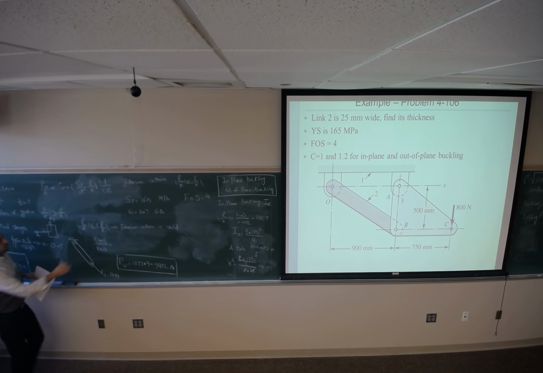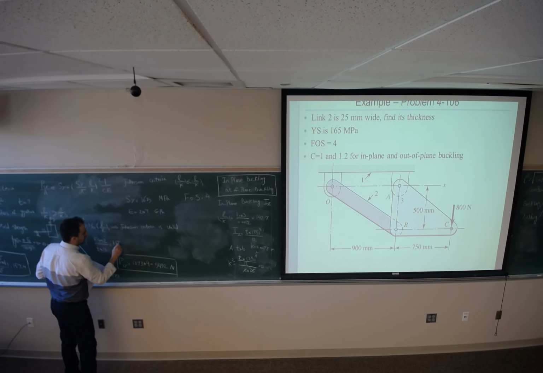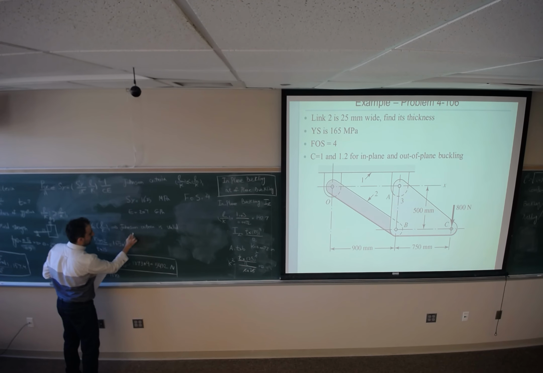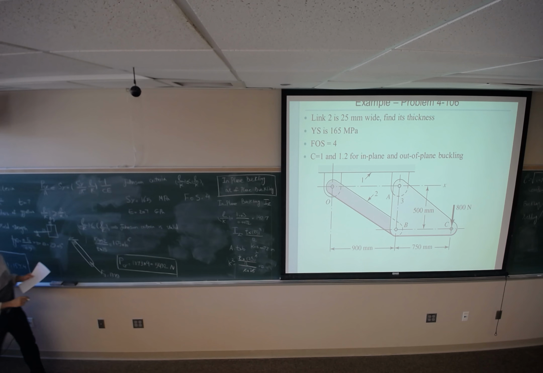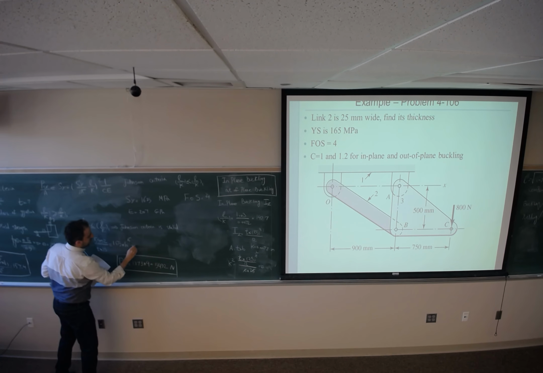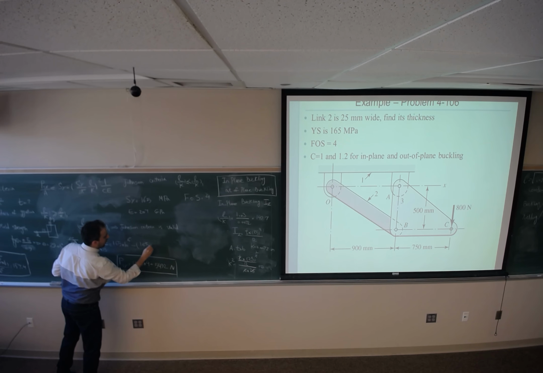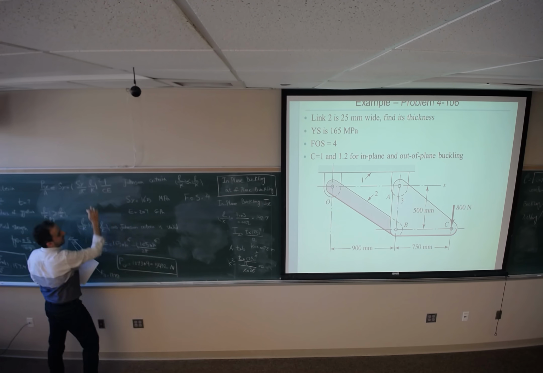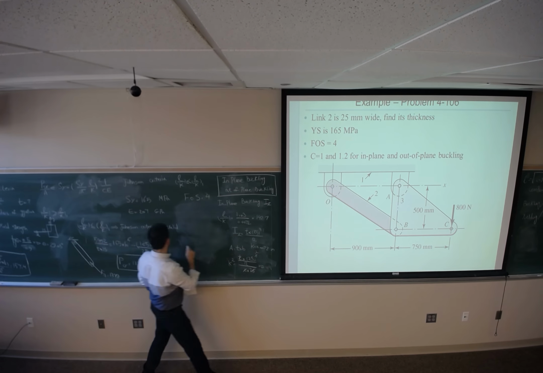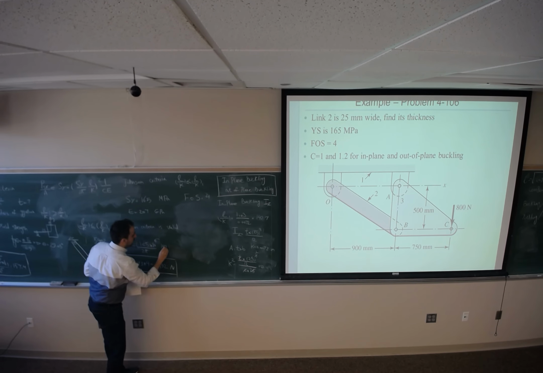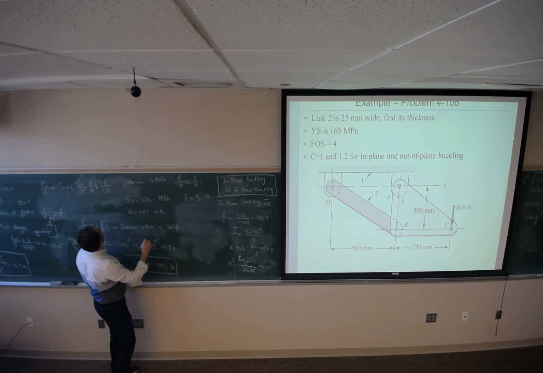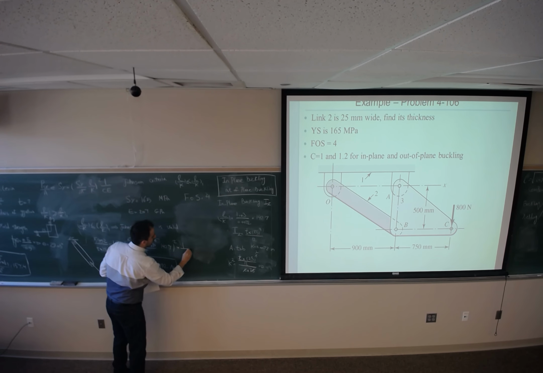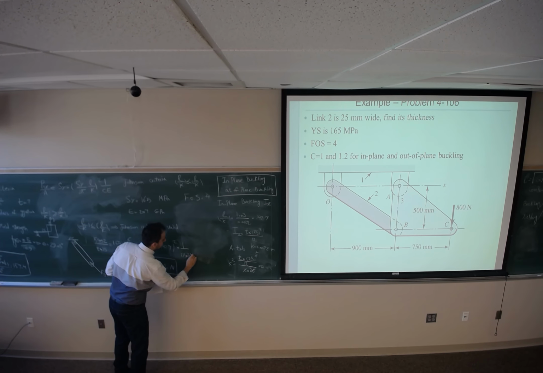SY is 165 megapascal, megapascal means 10 to the power 6, minus SY divided by 2 pi, L over K, I already have L over K, 142.7, both squared. 1 over C is 1, E is 207 gigapascal.